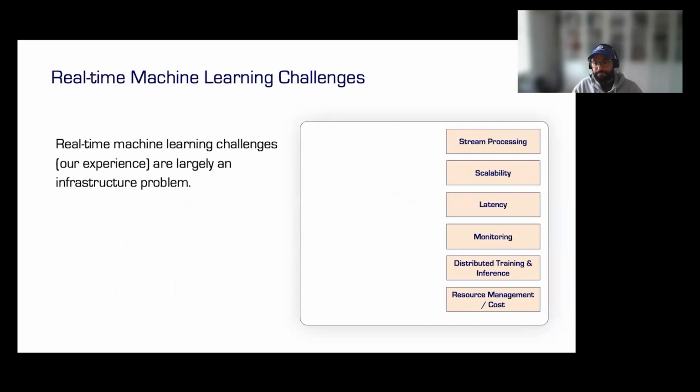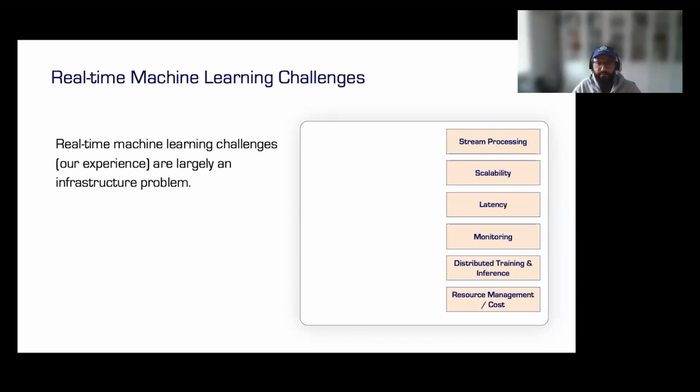One of the conclusions, agreed upon by a lot of practitioners in the field, is that the challenges, at least in our experience, are largely an infrastructure problem. The reason is that this complexity arises from the fact that we have a lot of tools to put in place, and combining and stitching them together is complex.